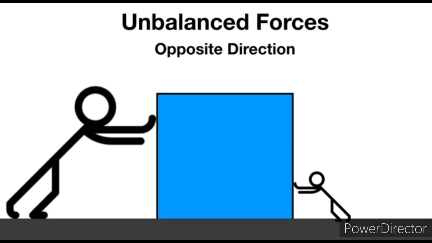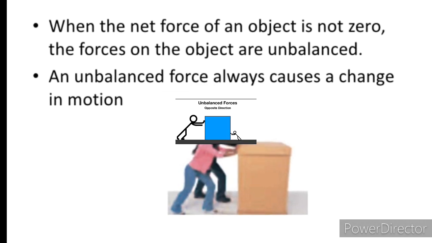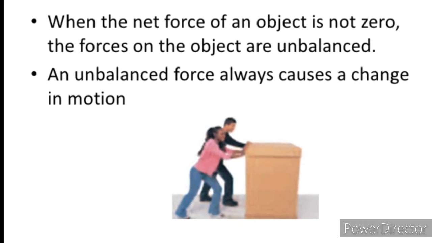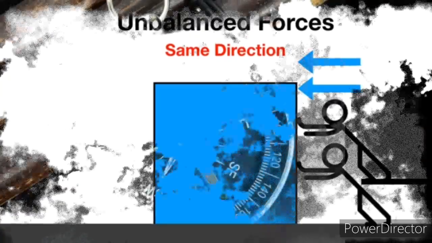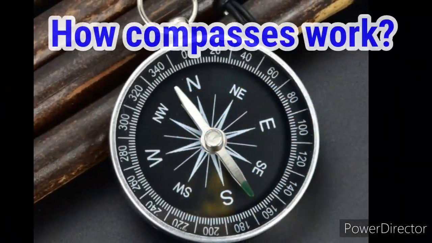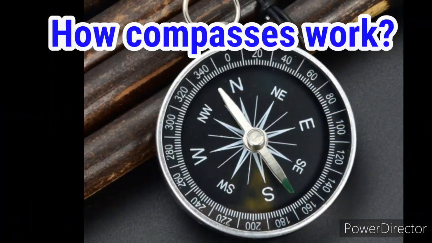This is an unbalanced force because the forces in its opposing directions are not balanced. One is greater than the other. Number 4. When pushing a box in the same direction as shown in the diagram, it is an example of an unbalanced force.